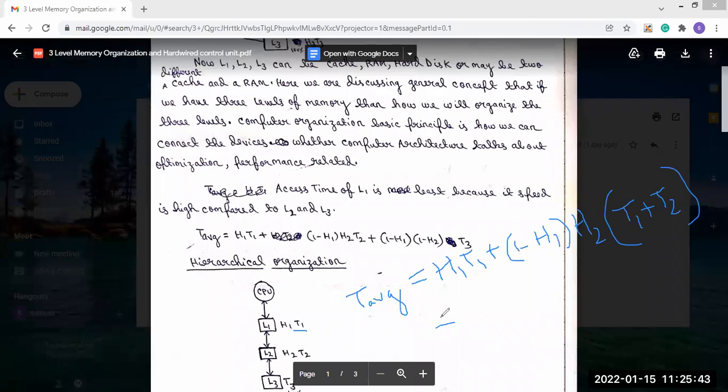And what will be the third case? By seeing this, try to tell what the third case will be. 1 minus H1, 1 minus H2, S3, T1 plus T2 plus T3.